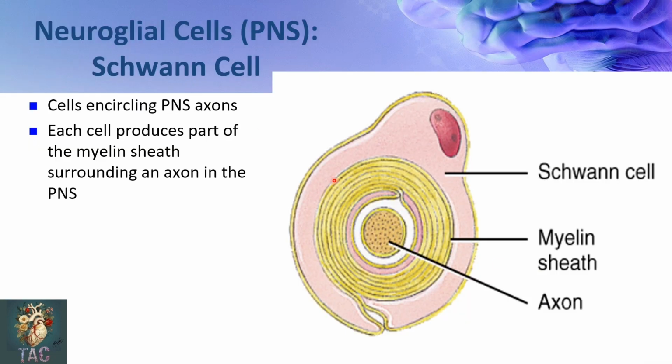So in this diagram you can see this is the axon which is present, and inner leaflets meet with each other and they form the inner collar of the Schwann cell cytoplasm. Here you can see this is the outer collar of the Schwann cell cytoplasm, and this is the nucleus of the Schwann cell.